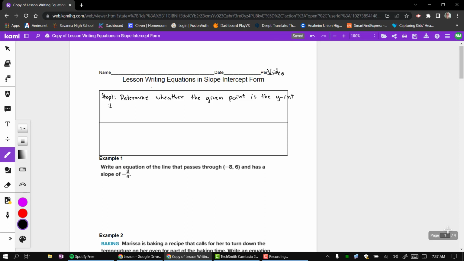If not, substitute the given information into the slope-intercept form equation to find the y-intercept.